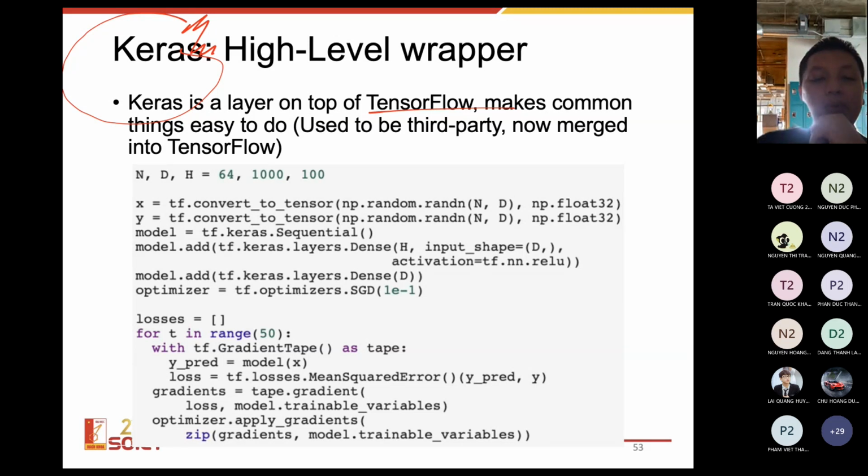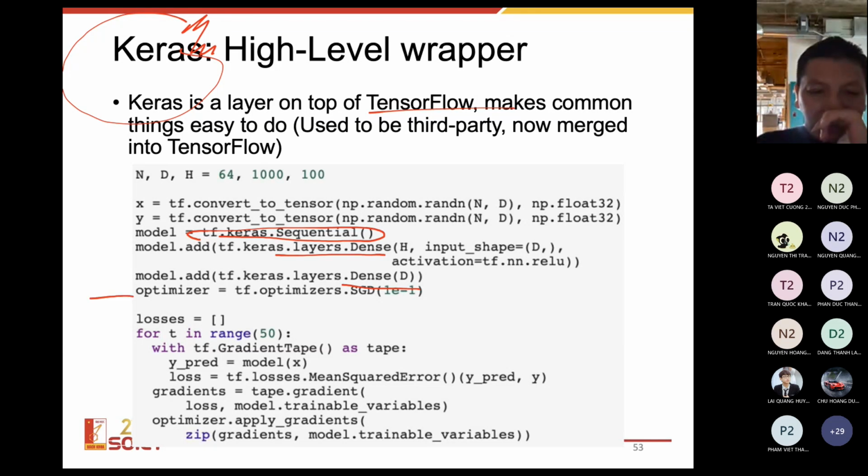So, for example, here you can define the model as a sequential model, one layer after the other layer, right? And then you add to the model a dense layer, and then you add to the model another dense layer, right? So in this case, you have a model having two dense layers. So it's a fully connected network of two layers.